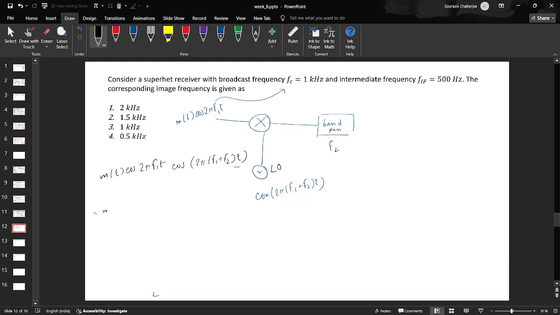You are going to get m(t) over 2 times [cos 2 pi (f1 plus 2 f2) t minus cos 2 pi f2 t]. When you pass it through a band pass filter with center frequency f2, you will get m(t) over 2 cos 2 pi f2 t.